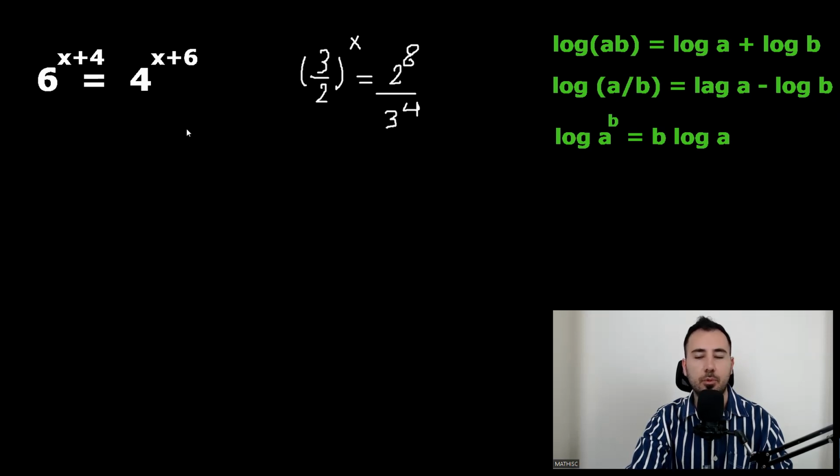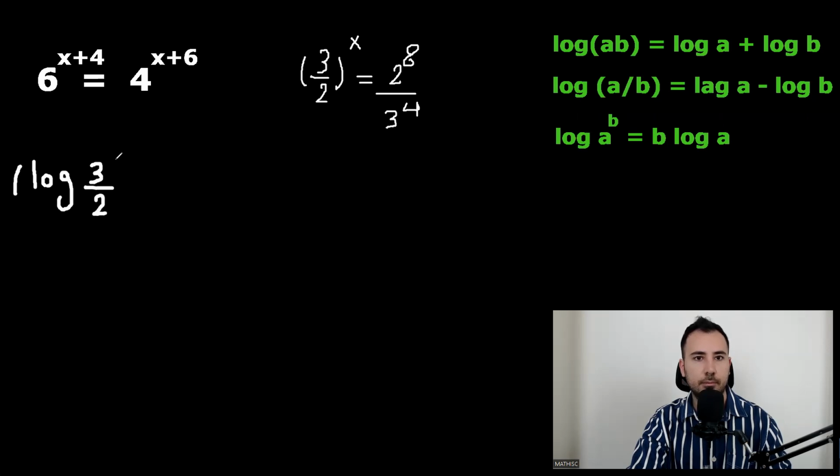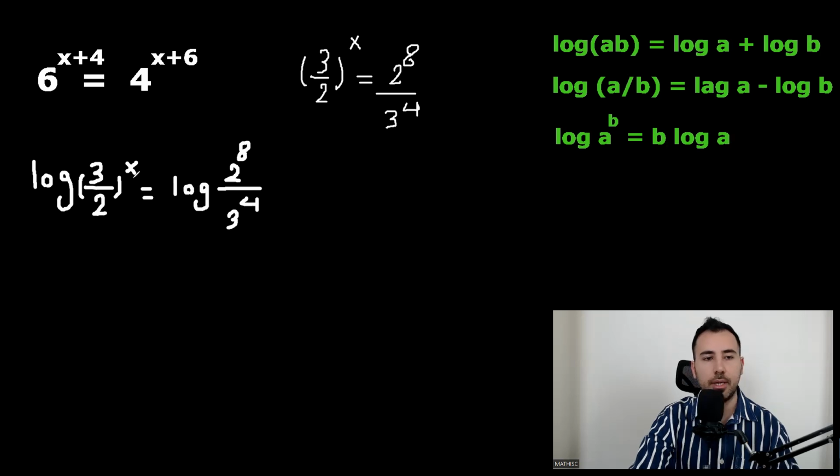Let's just have some more space. Okay, I will add a logarithm to both of these sides. Okay, now I could take x to the left side using this, okay?